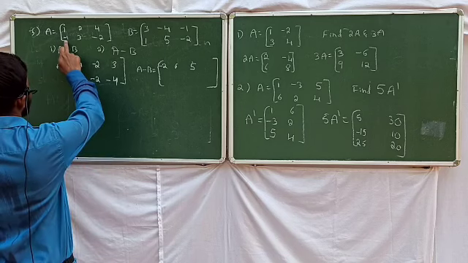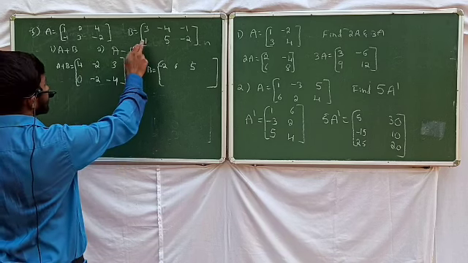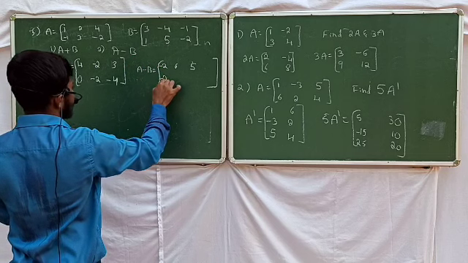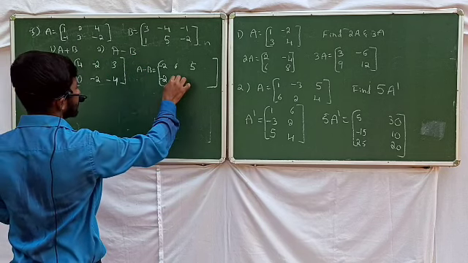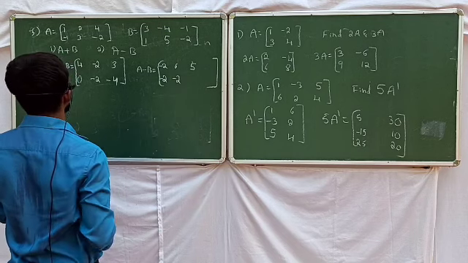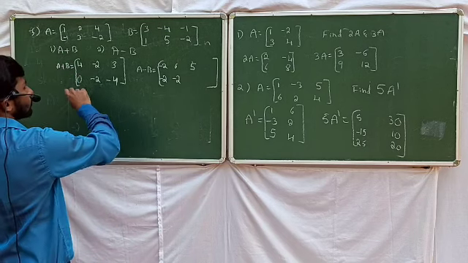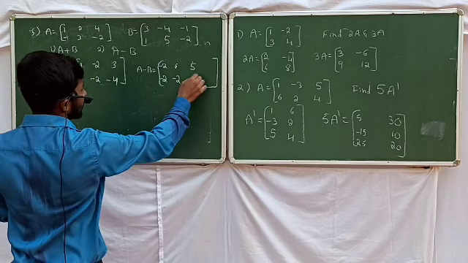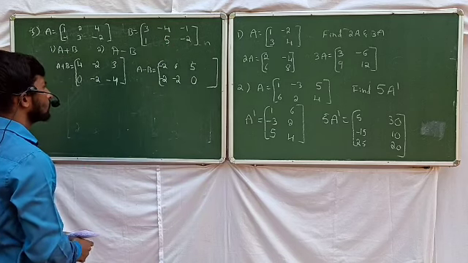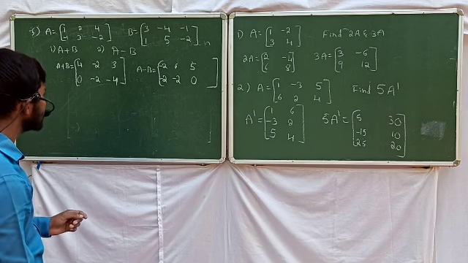Similarly, see, minus 1 minus 1 is equal to minus 2. 3 minus 5 is equal to minus 2. Then minus 2 minus 2, minus into minus is plus 2, its value is equal to 0. It's the value of A minus B.